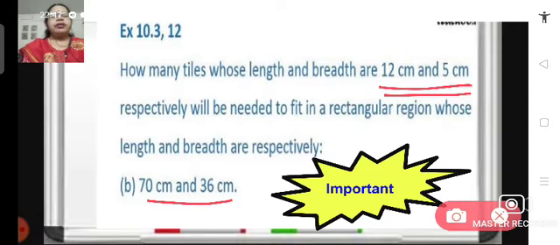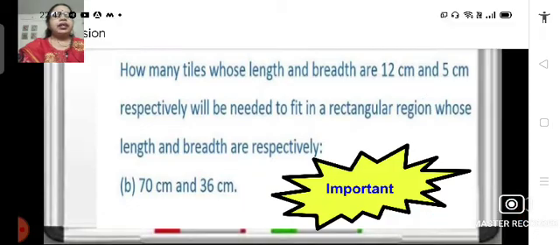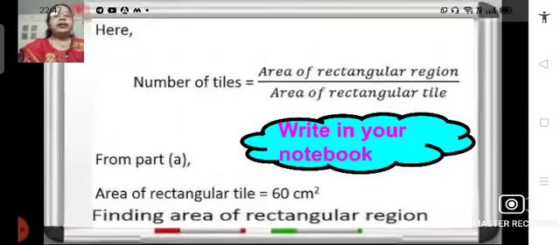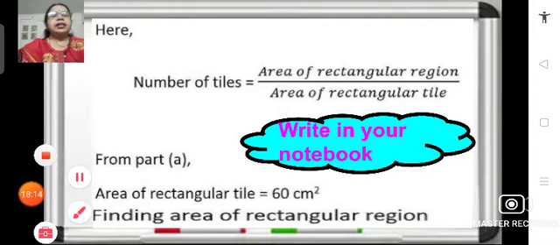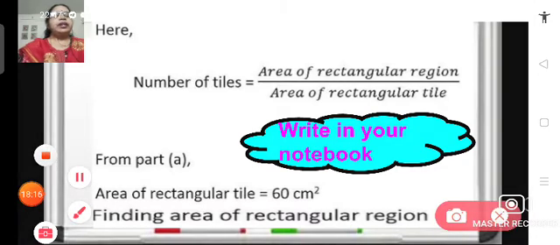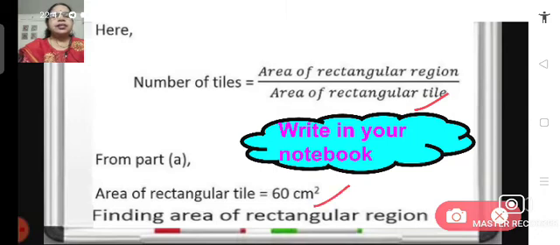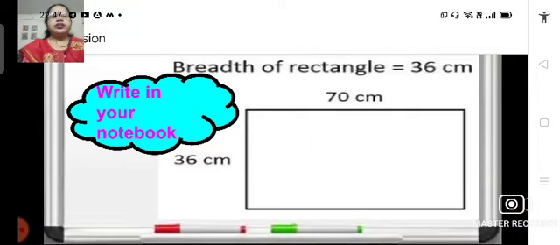What we have to do? We have to find the area of this rectangular region and then we can find out the number of tiles required. So the number of tiles required is area of rectangular region divided by area of one rectangular tile. And area of rectangular tile is 60 centimeter square. Now let's find out the area of the rectangular region.